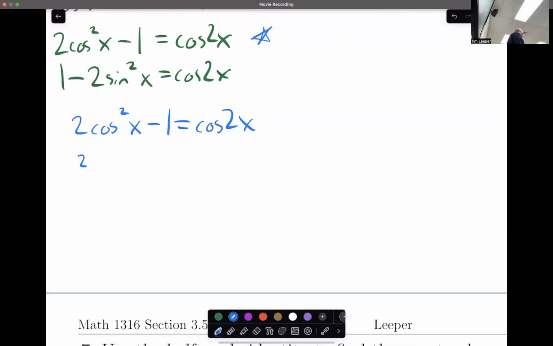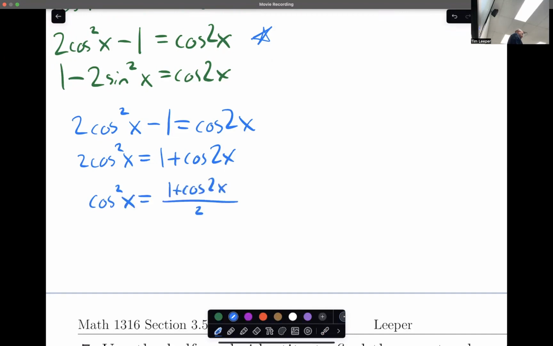So it's going to give me 2 cosine squared of x equals 1 plus cosine of 2x. Then, of course, divide everything by 2. So that means that cosine squared of x is equal to 1 plus the cosine of 2x all over 2.